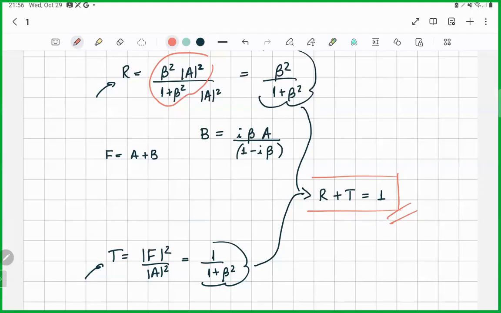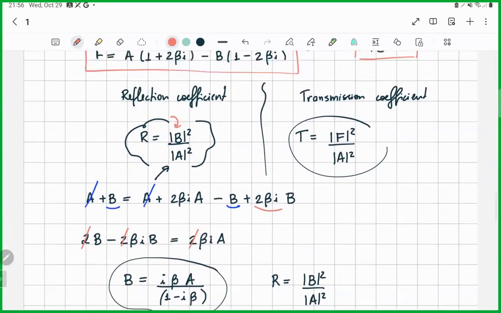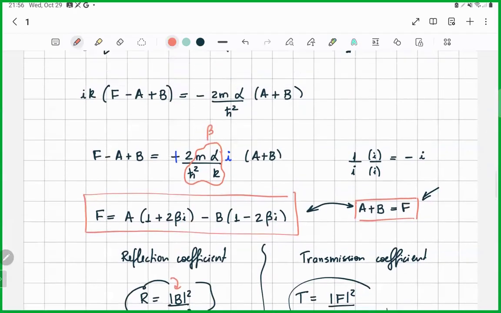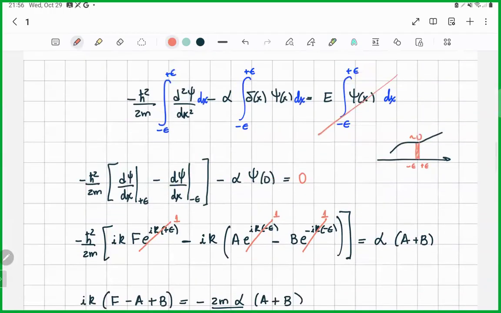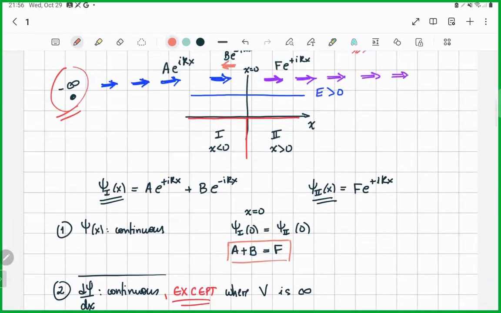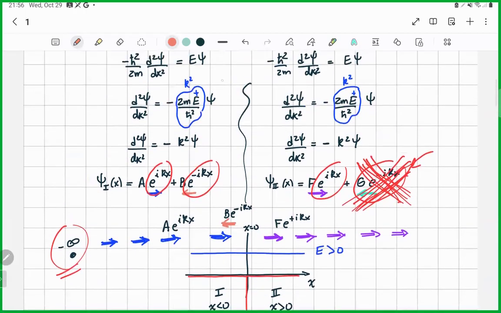We said that inside this beta, we have energy. Let's go high up to see where we had defined this beta. So here is where we define beta. It depends on K. But remember, if you go high up, you will see that K is related to energy.